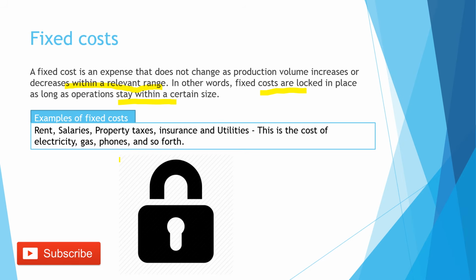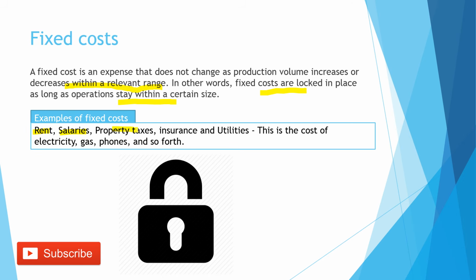So you might be thinking, in a business, what are fixed costs? Well, your fixed costs are things like your rent, salaries, because if you're going to employ someone, you're going to give them a salary, and the salary is not going to change over the month. It's going to be a yearly salary or a weekly one. So these are your fixed costs.